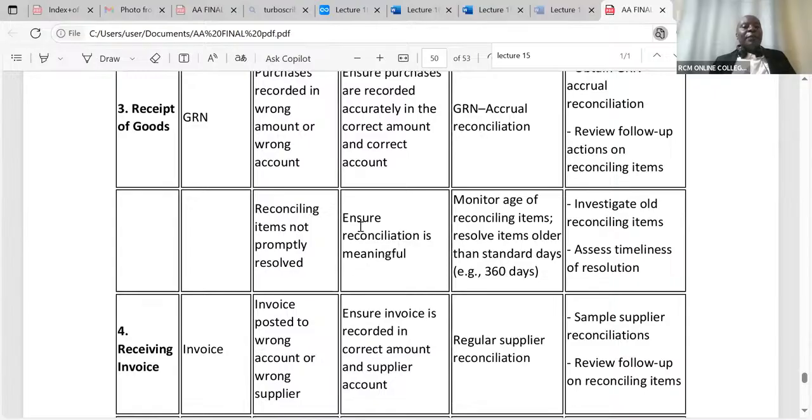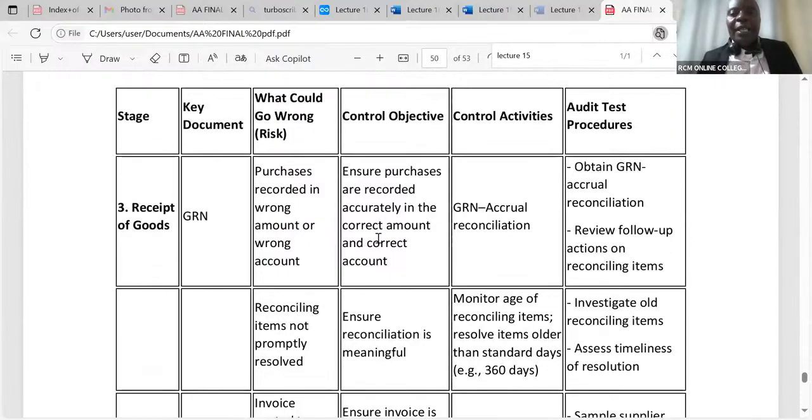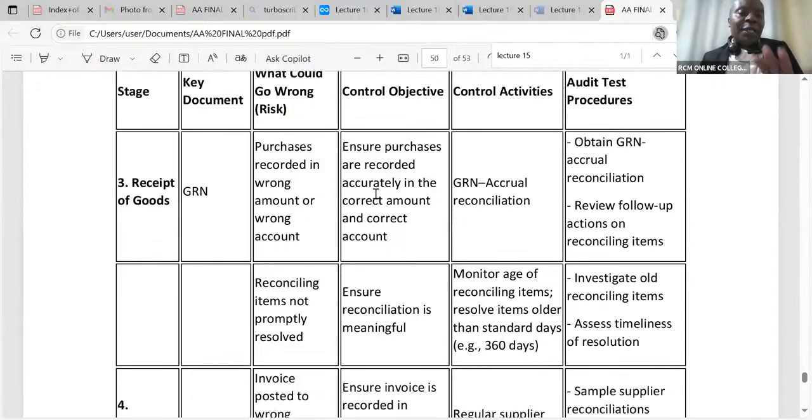The control objective here will be to ensure reconciliation is meaningful. If we are not getting a solution to non-reconciling items as fast as possible, then the entire reconciliation will not be meaningful. Remember, the control objective must start with the word "to": to ensure the reconciliation is meaningful.